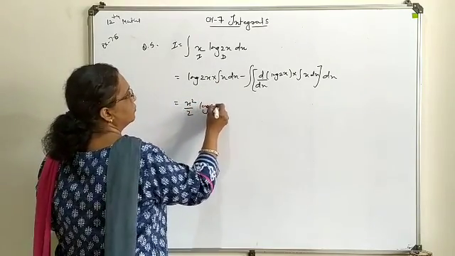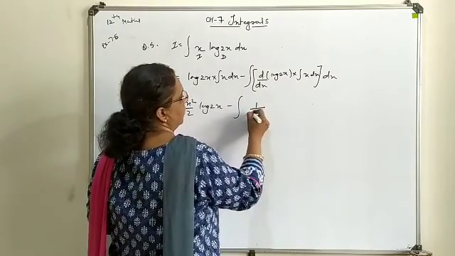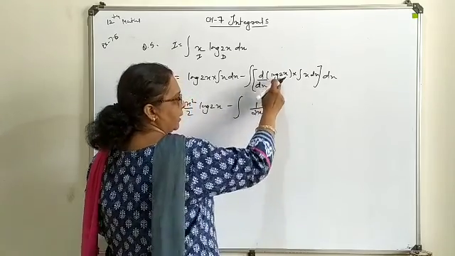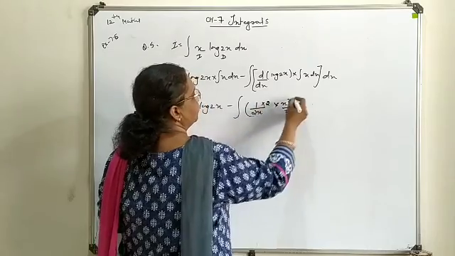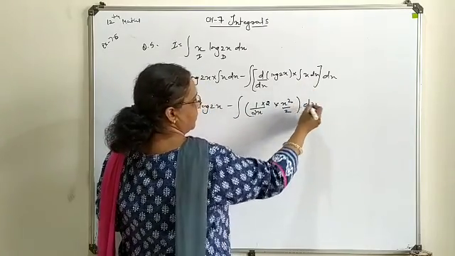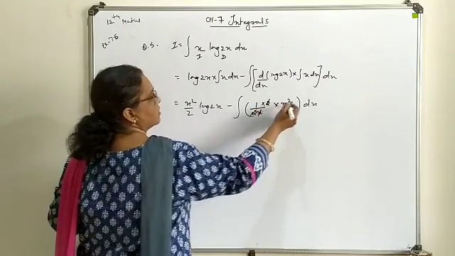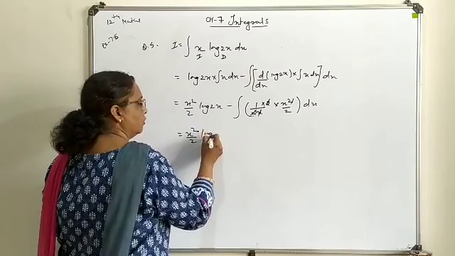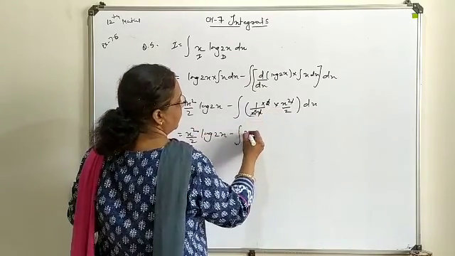This is your log of 2x minus differentiation of log 2x means 1 upon 2x into 2 with respect to this, one into x square upon 2, integration of x. These two will cut. This x will also cut. So this is x square by 2 log of 2x minus, what is left here? x by 2 only.